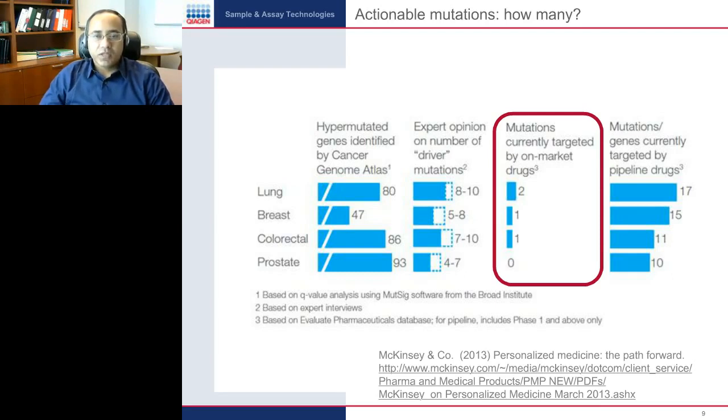This shows that we need to focus our sequencing effort on a very focused set of genes which are biologically and clinically relevant to a particular disease, instead of doing whole genome sequencing and gathering so-called non-significant data.